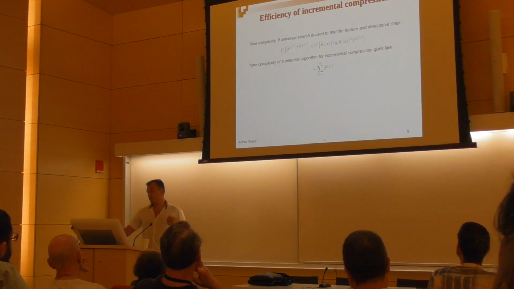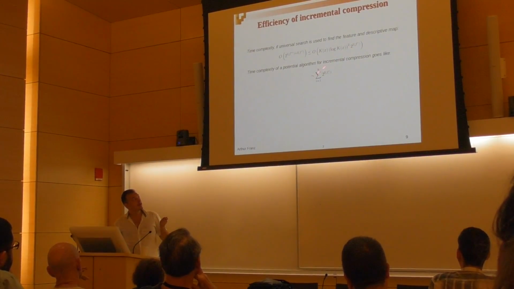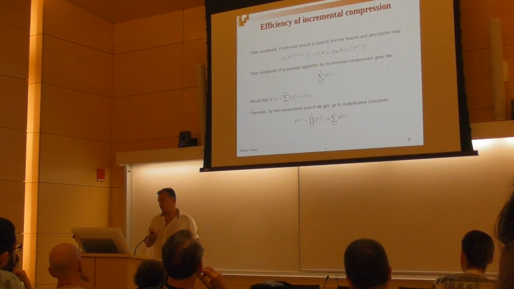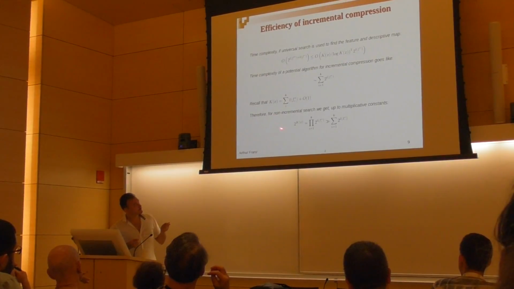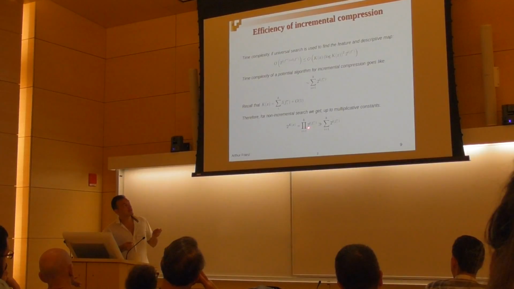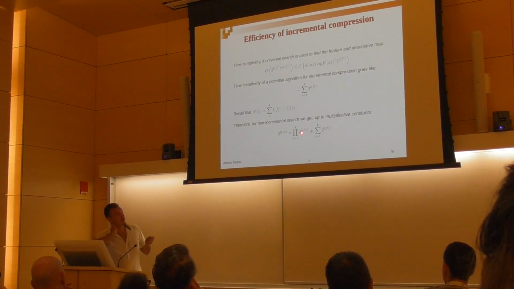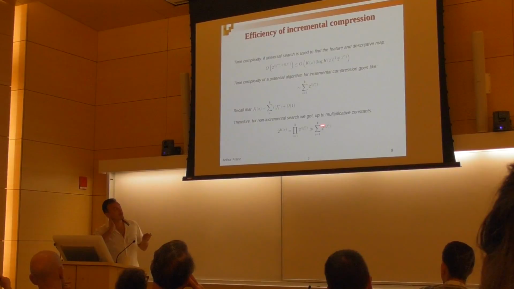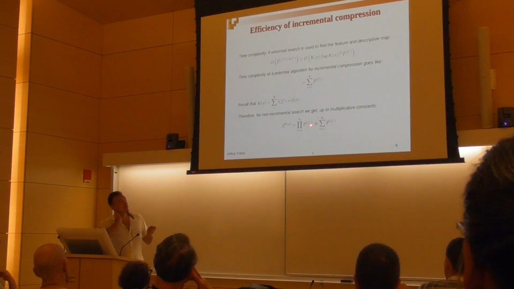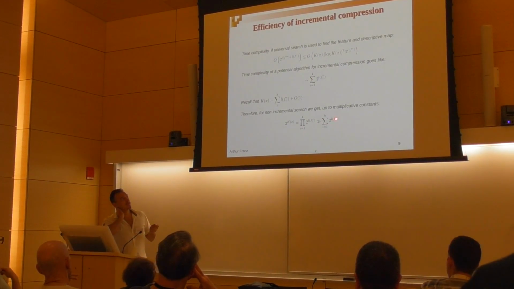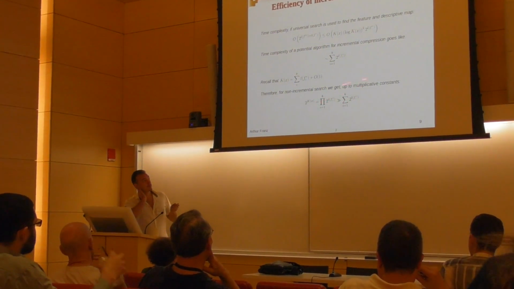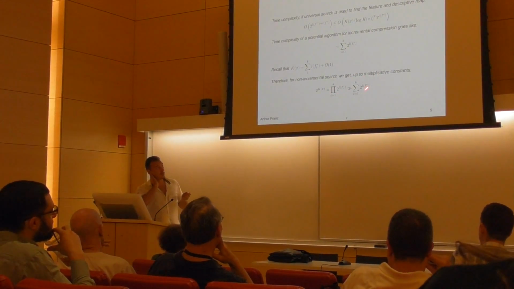So it's just the sum of those terms that you had here, and this is then roughly the time complexity of incremental compression. Let's compare it to non-incremental search. Recall that we have that formula here, and this is non-incremental search. If you insert that, it becomes the product of 2 to the power of L. Comparing that to incremental search, it takes much more time, because for most combinations of lengths of fixed sum, this inequality is generally valid.